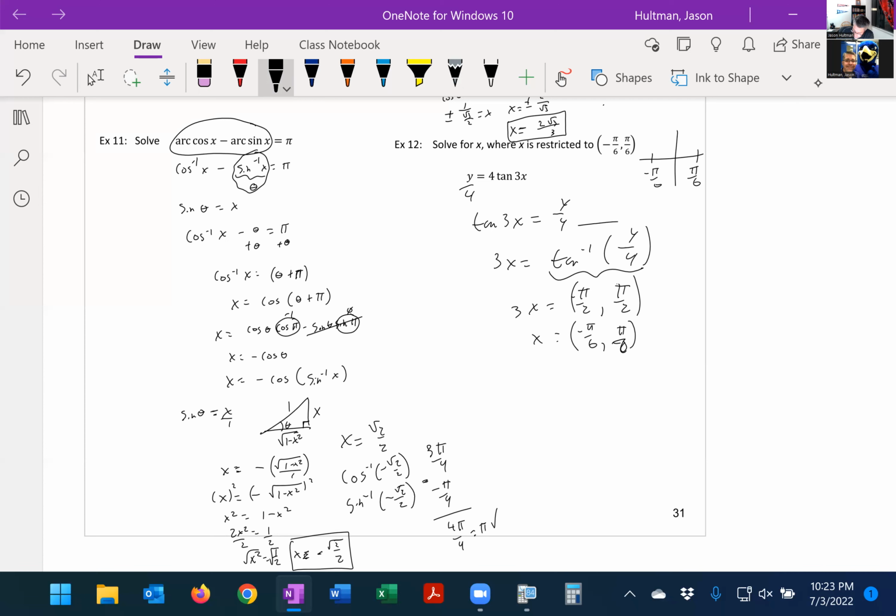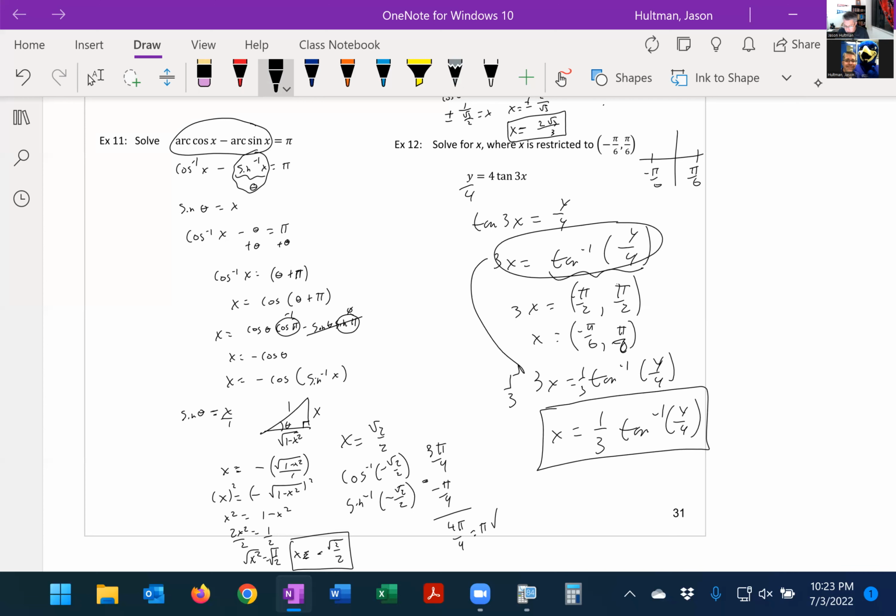But going back to 3x equals inverse tangent of y over 4, just multiply by 1/3, and we get x equals 1/3 inverse tangent of y over 4. And that's it. That's all for x.